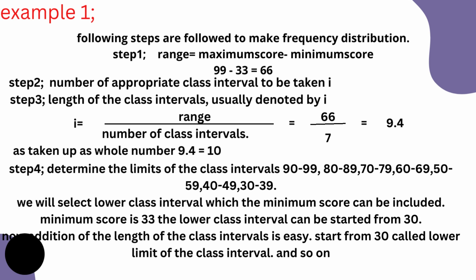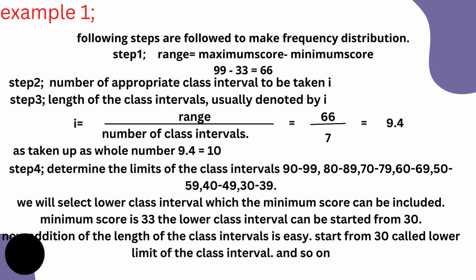The fourth step is the determination of the limits of the class intervals: from 90 to 99, from 80 to 89, from 70 to 79, from 60 to 69, from 50 to 59, 40 to 49, 30 to 39. We will select the lower class interval in which the minimum score can be included. The minimum score is 33, so the lower class interval can start from 30.